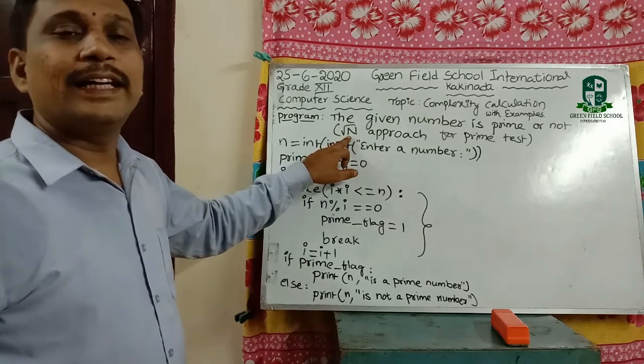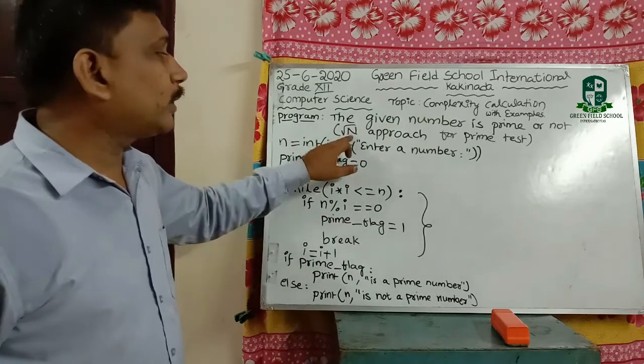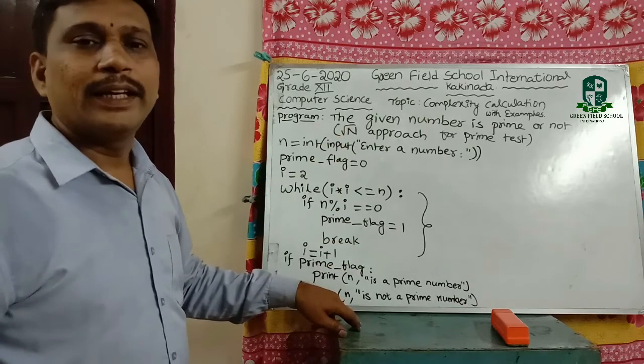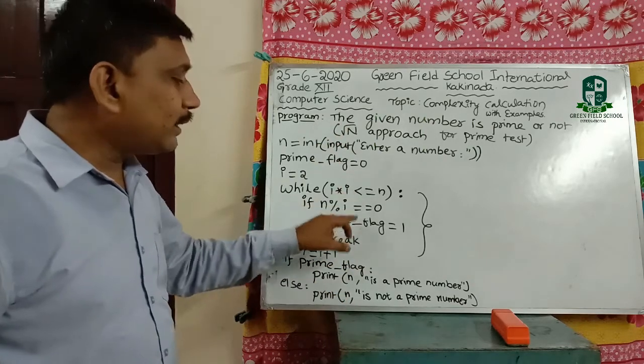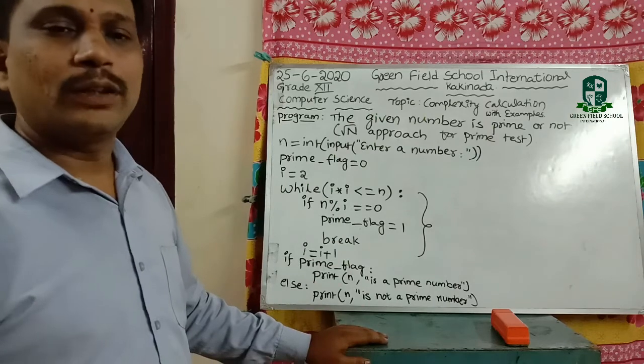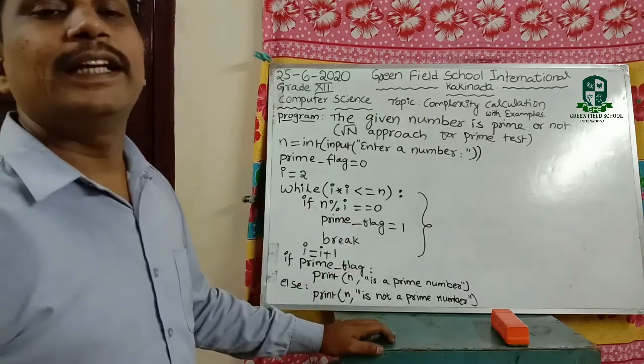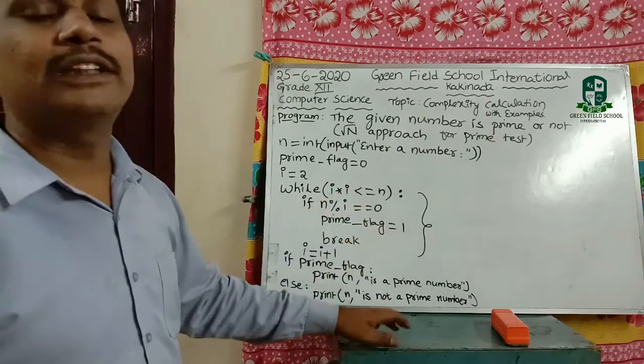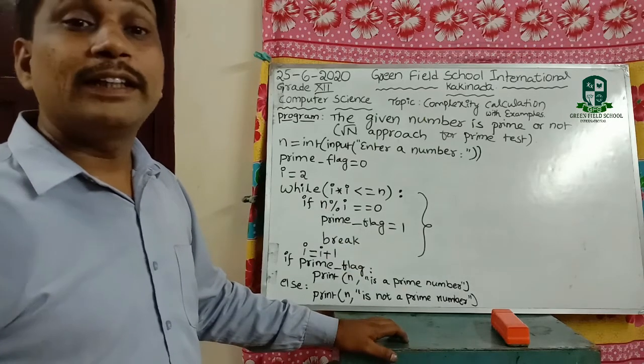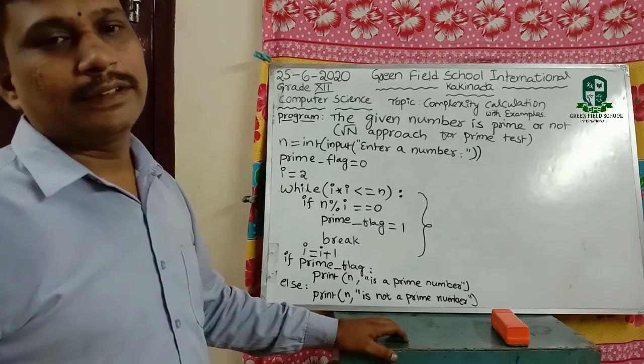N is greater when compared to root n. That's why the number of comparisons or loop repetitions decreased, and this program is more efficient in terms of time complexity.